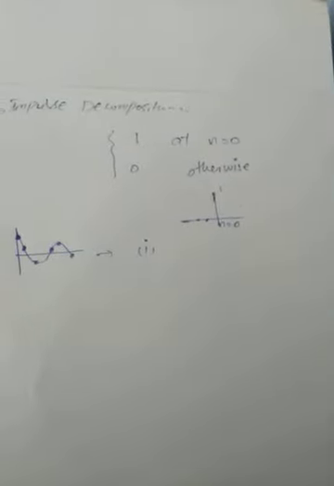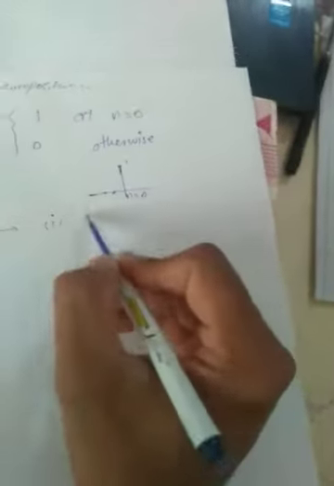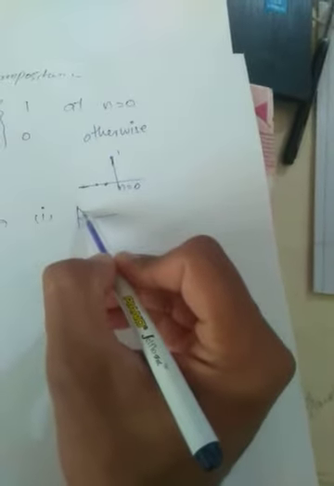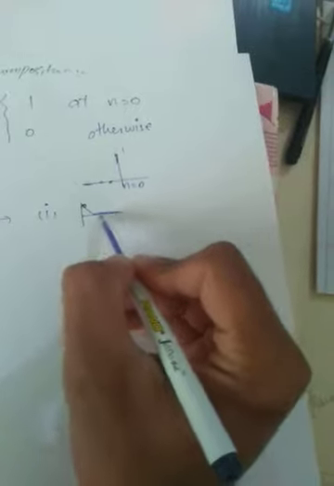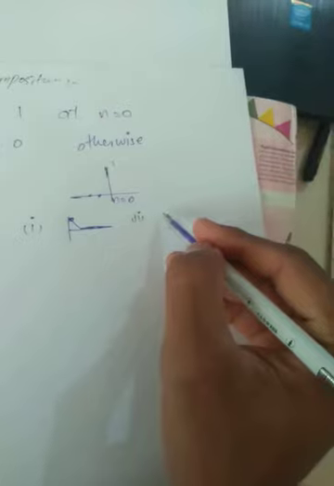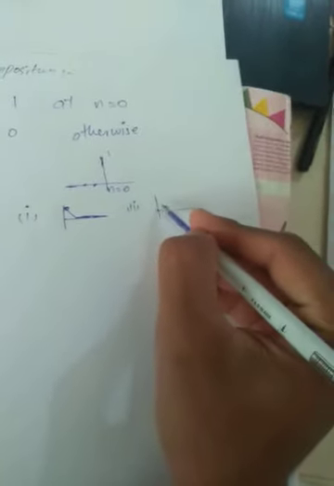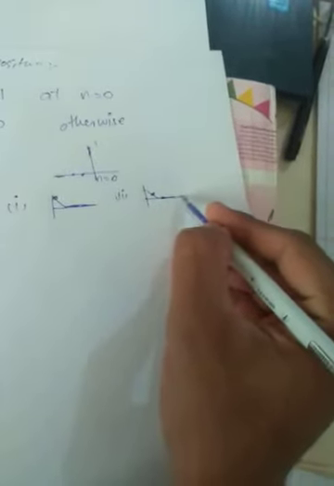First of all, we will take the first sample of this signal, because the impulse gives us the value 1 at n equal to 0 and 0 otherwise. So we take only this first sample and keep all the other samples 0.